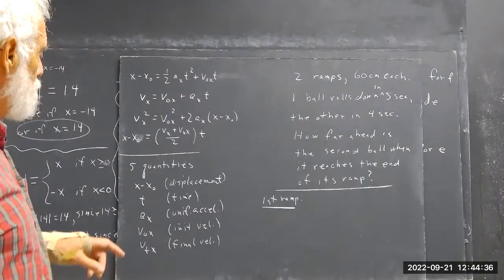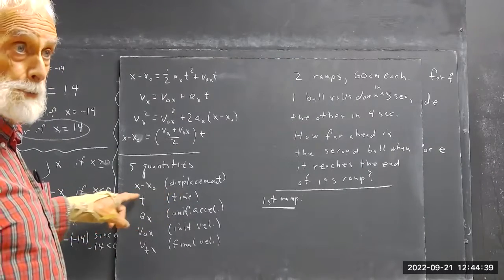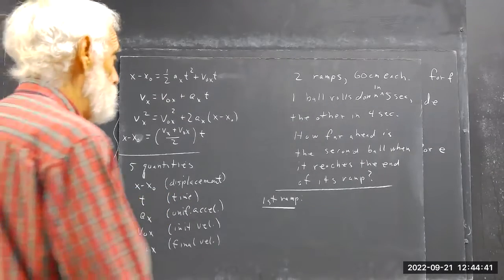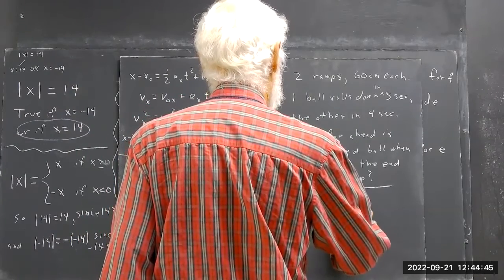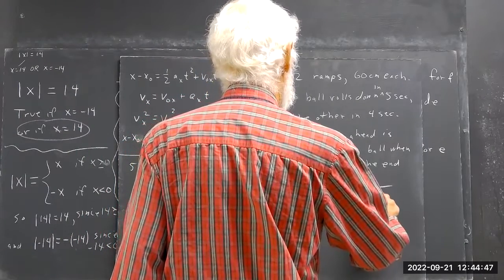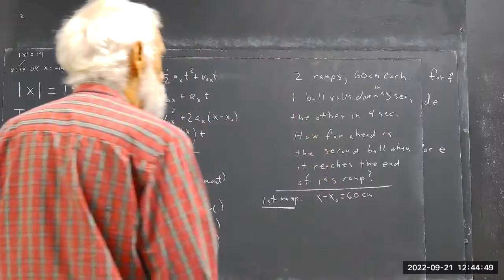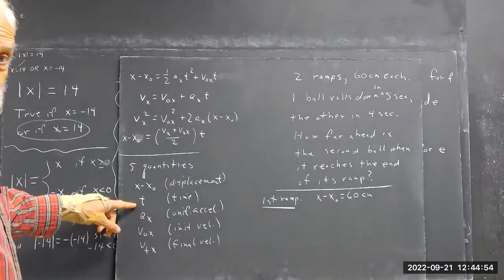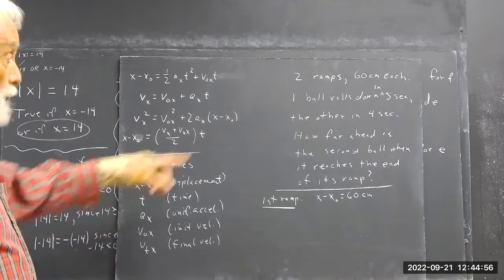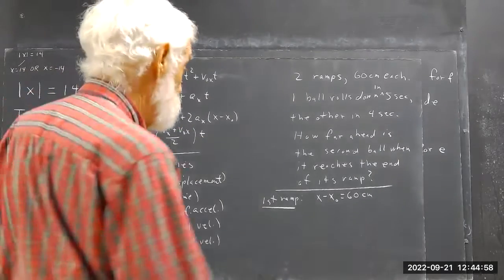What do we know? Well, we know the displacement, x minus x naught. We know the time, 5 seconds for that first round.